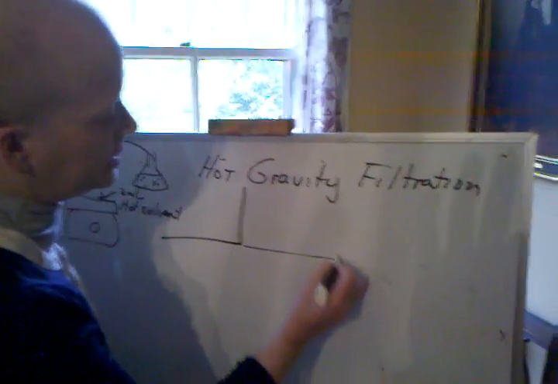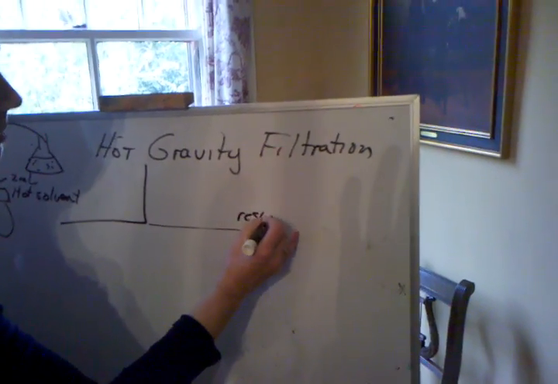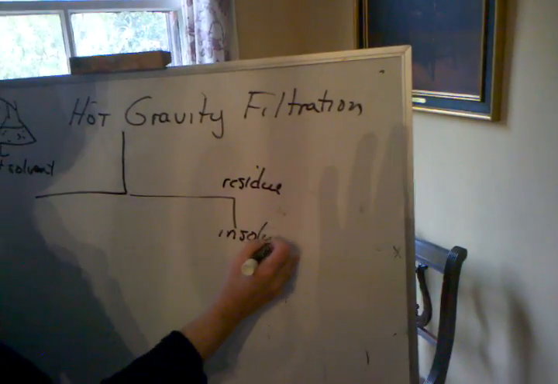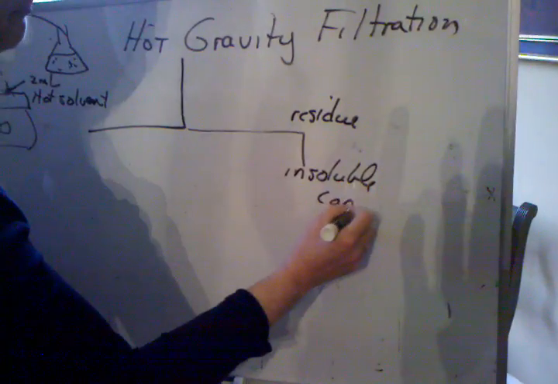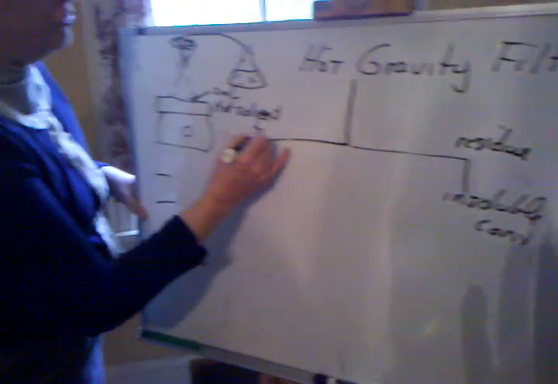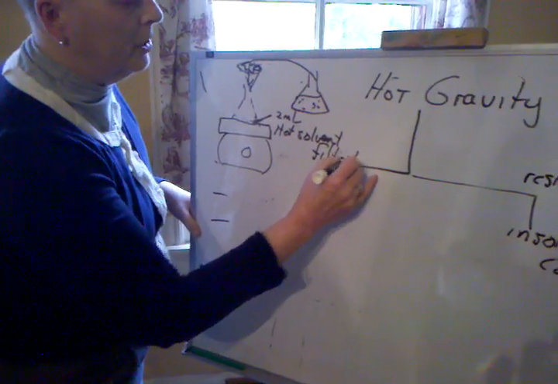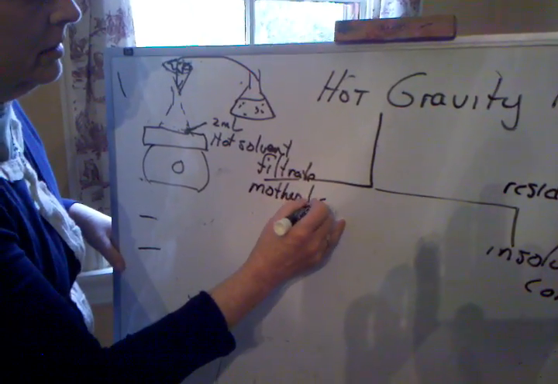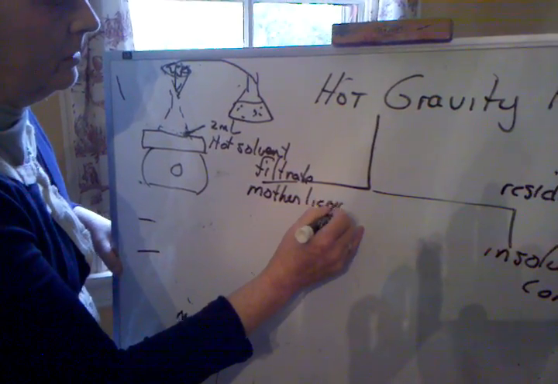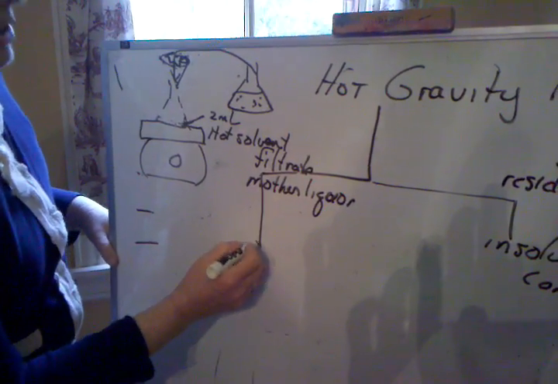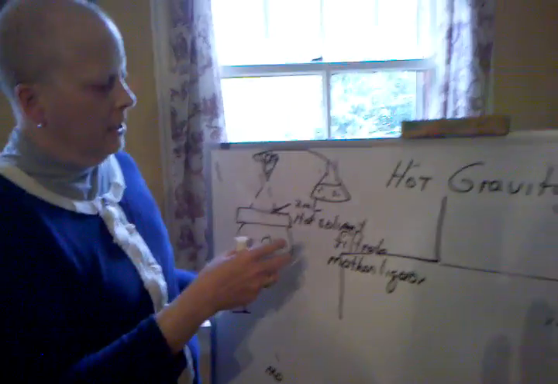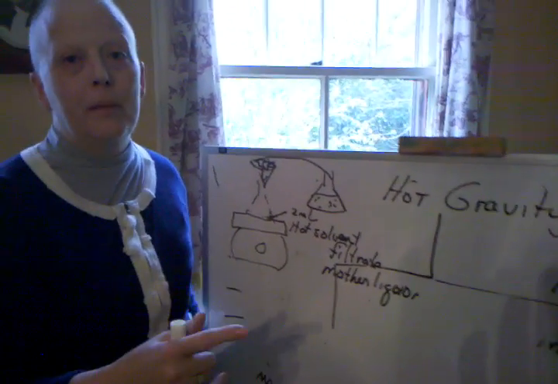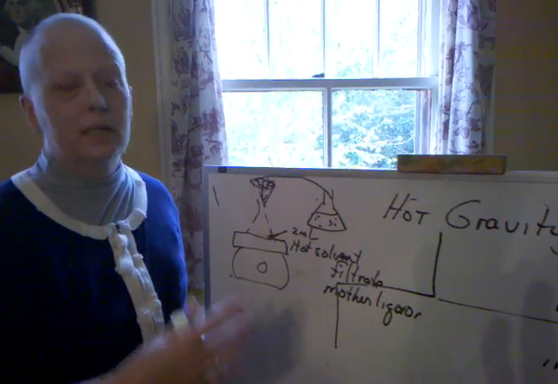Okay? In this situation, the residue would be the insoluble contaminant. The filtrate, which we could also call the mother liquor, is going to have in it your desired molecules, but possibly also some undesired molecules that we hope will stay in solution.